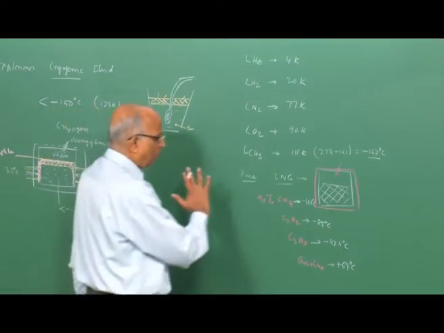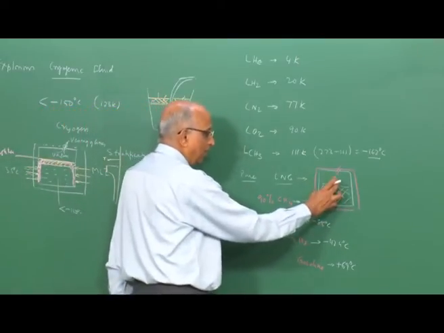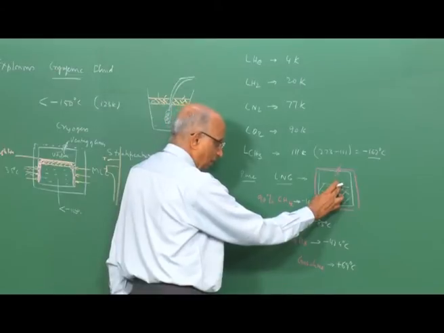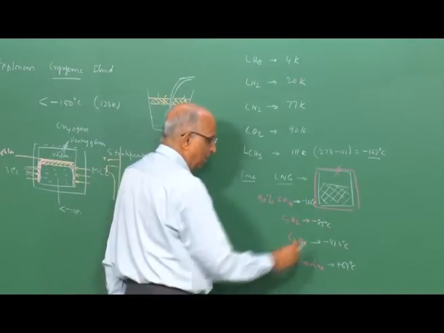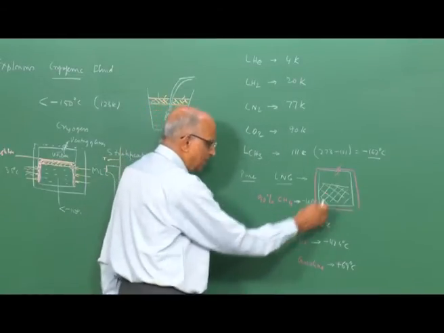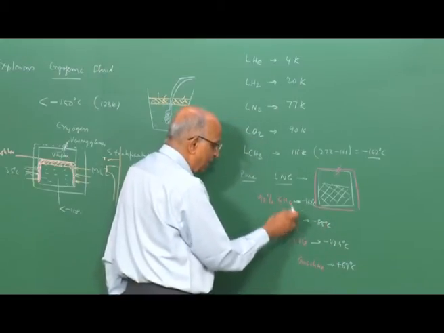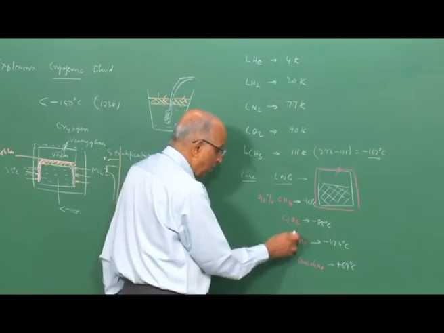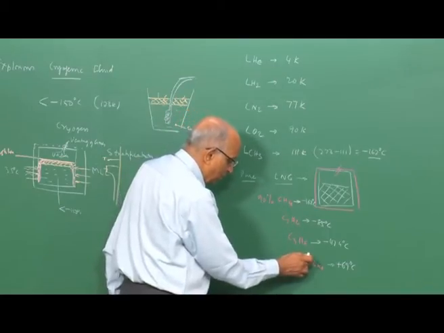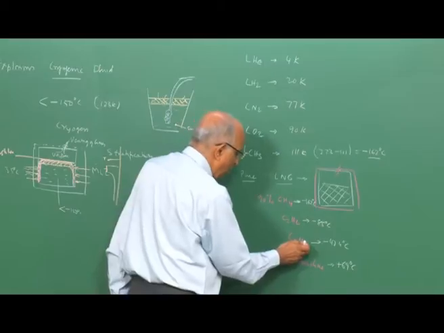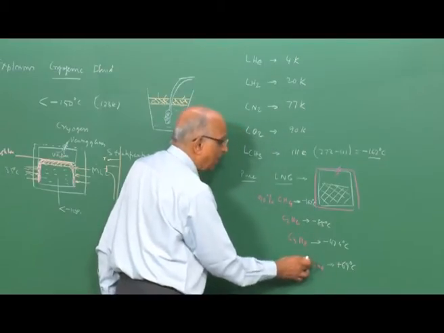And therefore, what is likely? Let us consider the problem. I keep the cryogenic LNG in a particular vessel, and since it contains some heavier constituents, mind you, C2H6 is heavier than methane, propane is even heavier, the molecular mass is higher. Gasoline is something like C20H something, therefore it is even higher.